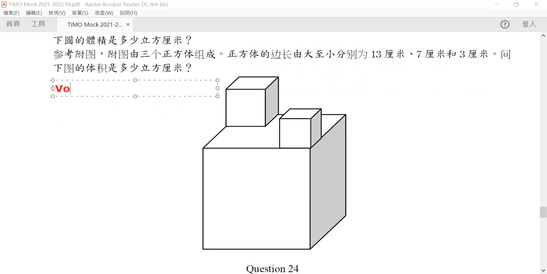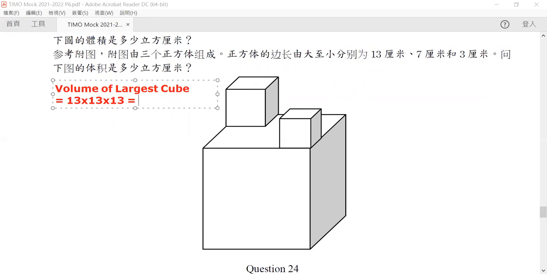So the volume of the largest cube is exactly equal to 13 times 13 times 13. If we multiply them together, it would be equal to 2197.